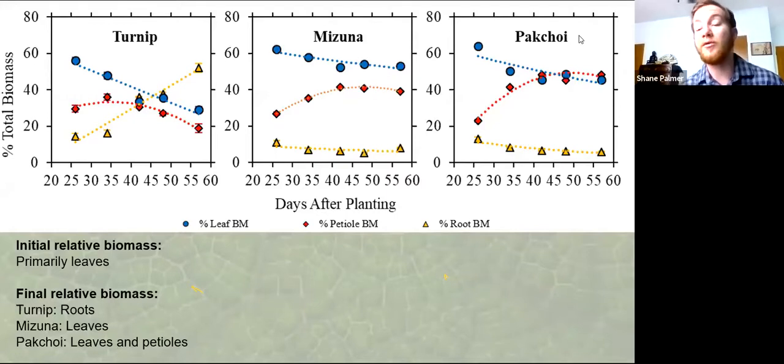It got up to the point where it was about equal parts petiole and leaf for the pak choi. But in both mizuna and pak choi, the roots remained very minimal, somewhere around 6% for pak choi and 8% for mizuna of the relative biomass.